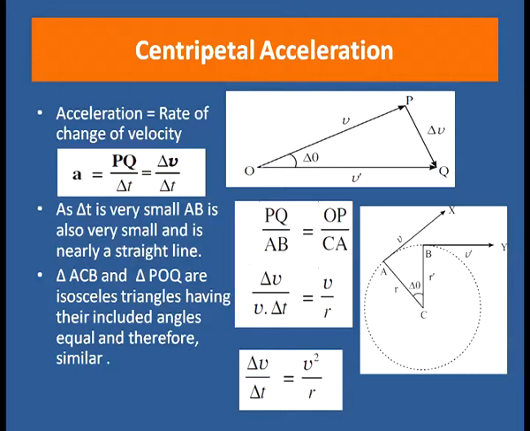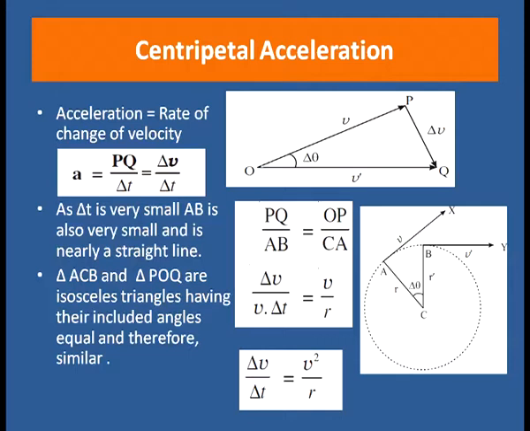As delta t is very small, AB is also very small, because in a very small time interval the particle will move a very small distance, nearly a straight line. Now, we can say ACB is a triangle.